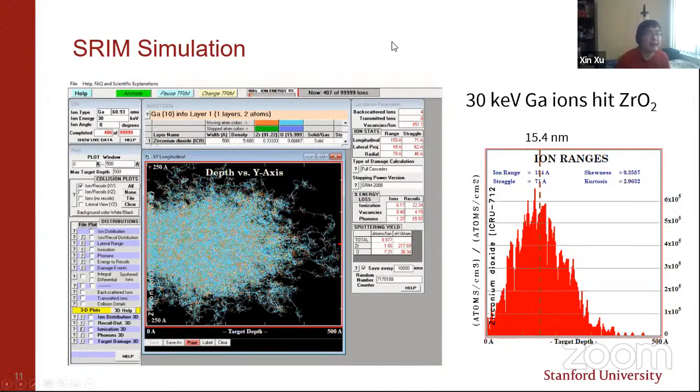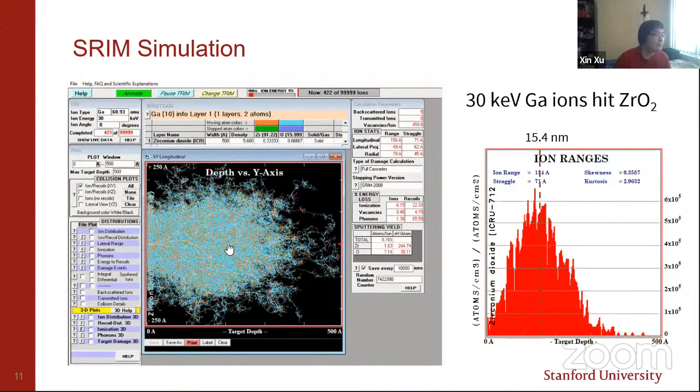I saw a question here from Jeff. It's angstrom, not nanometers. So 500 angstrom corresponds to 50 nanometers, so the unit is correct.